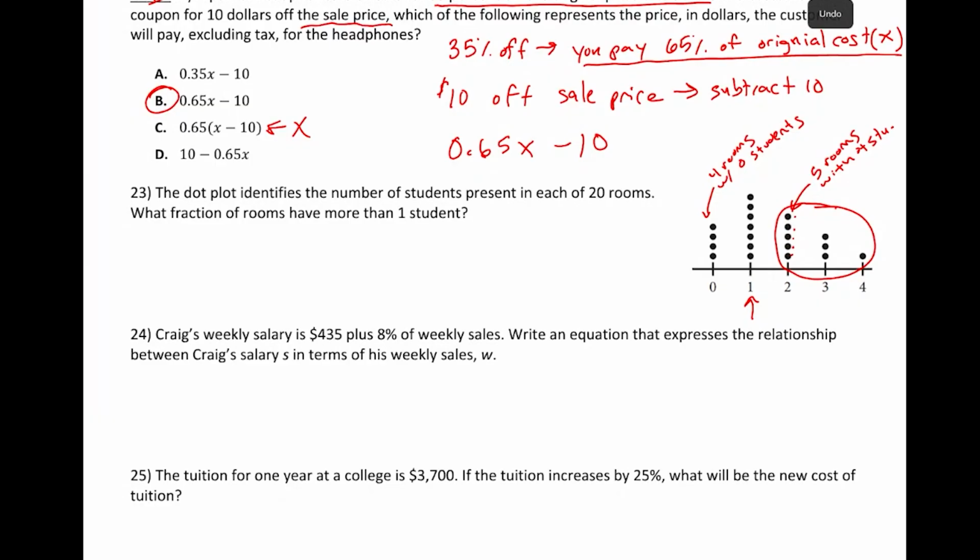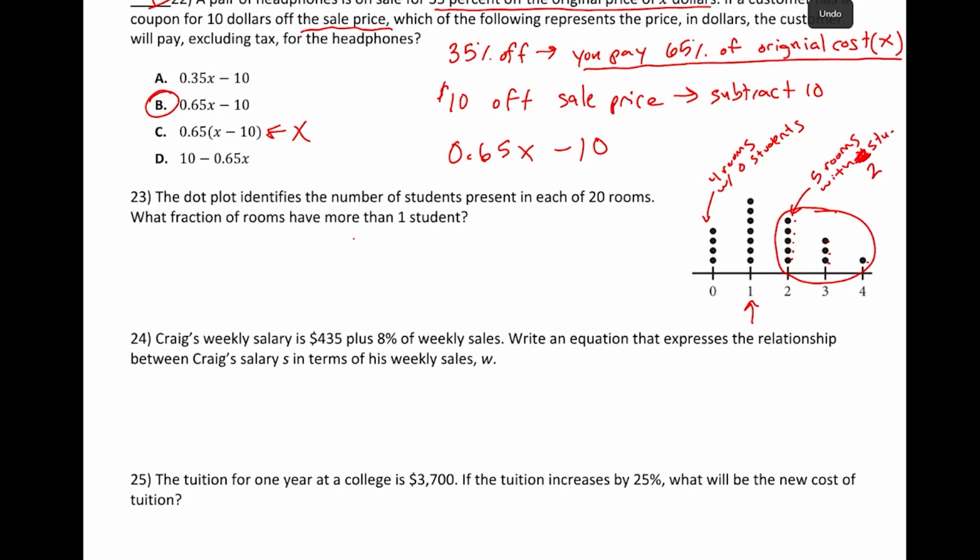Oh, my bad, I meant 2 students. Okay, so 1, 2, 3, 4, 5, 6, 7, 8, and then 9. So we have a total of 9 rooms with more than 1 student, and there's a total of 20 rooms. So 9 out of 20 have more than 1 student.